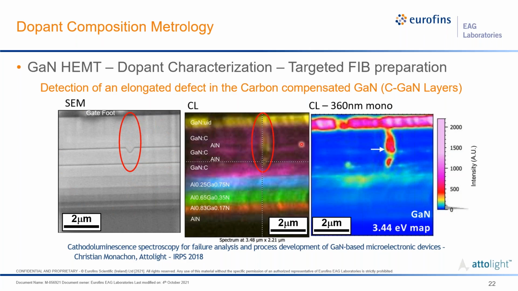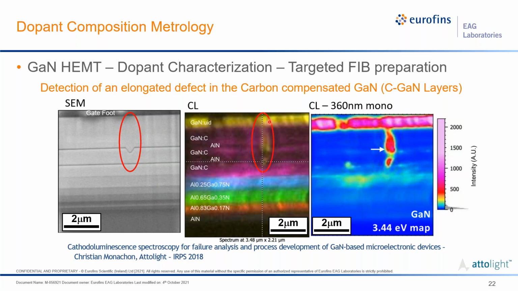This is SEM again, and this is our CL map with a variety of notch filters placed on it with different colors, so we can see the different compositions of the AlGaN layers. We can see there's different emission that comes from the carbon compensated GaN layers here, as well as the unintentionally doped surface layer.